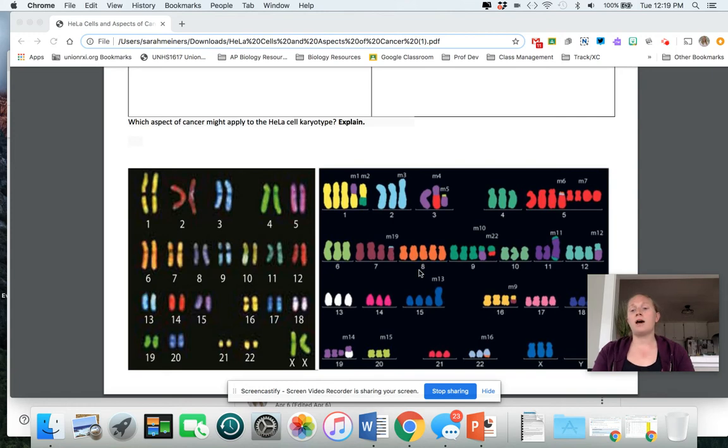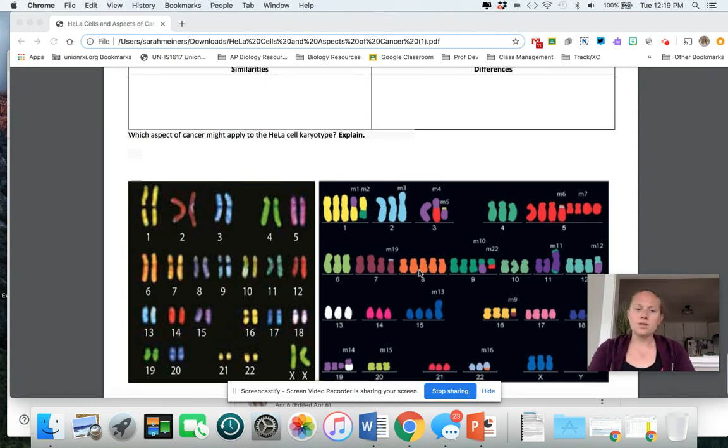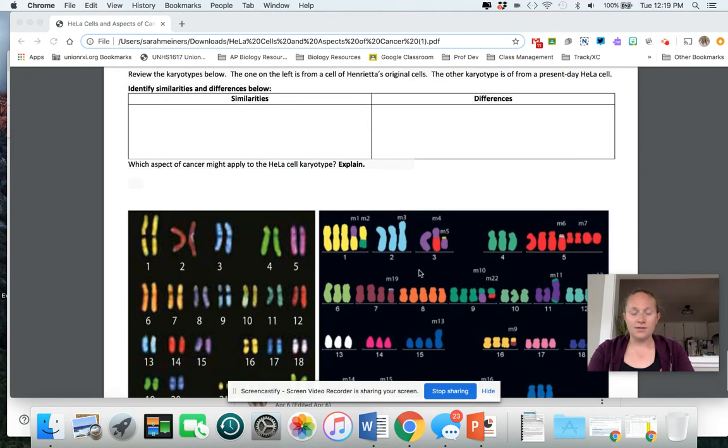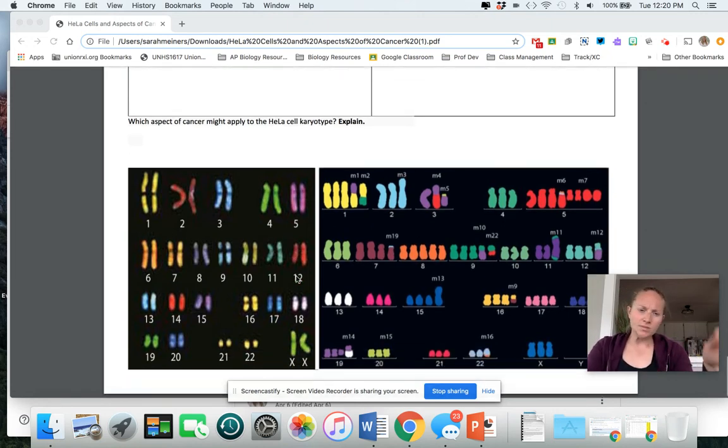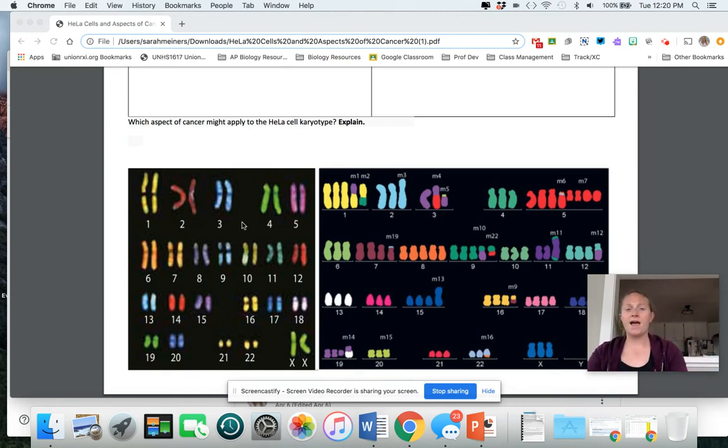But clearly there are a lot of differences here. There's a lot of things you could put here, but probably what some of you put is there's a difference in the number of chromosomes for each type. For example, number 1, in a normal karyotype, you're supposed to only have 2. Remember, 1 from mom, 1 from dad.